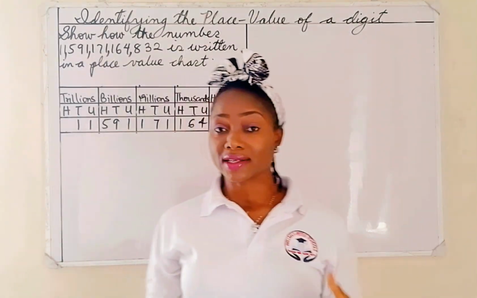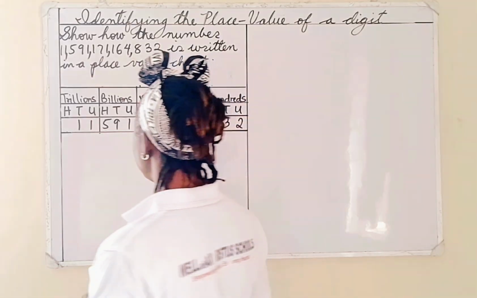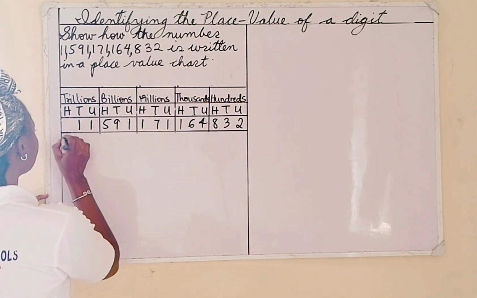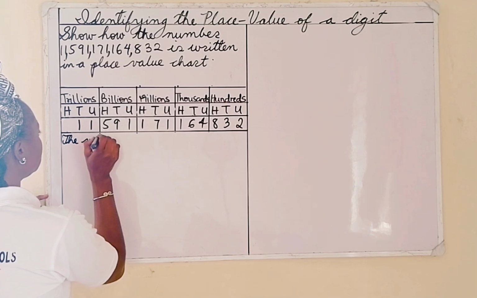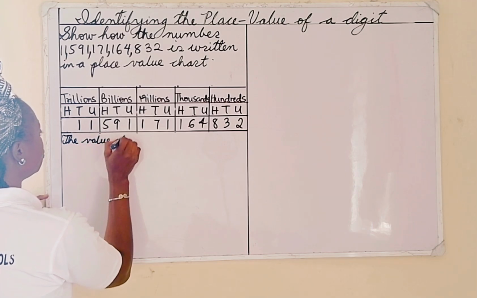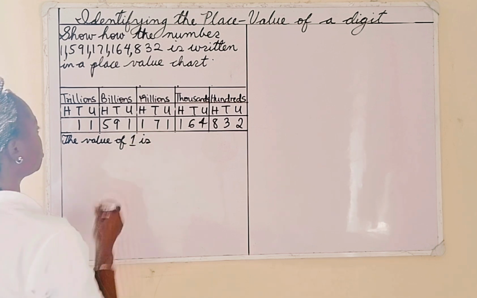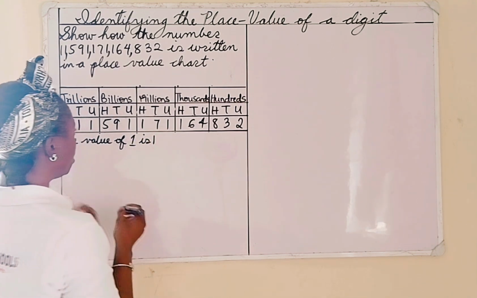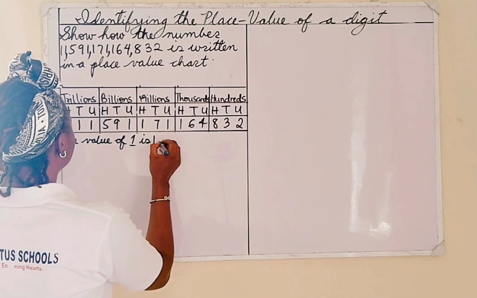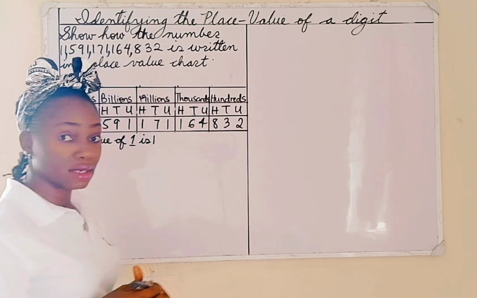So now we're going to start expanding these numbers. Now the value of the digit 1 here is, I'm going to bring out the number which is 1, and then the other digits become 0.